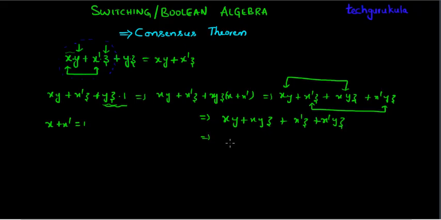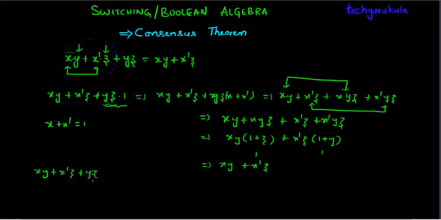So we can rewrite this as xy times (1 plus z) plus x bar z times (1 plus y). 1 plus y is 1, and 1 plus z is 1. So we can write this as xy plus x bar z. So we have proven that xy plus x bar z plus yz is equal to xy plus x bar z.